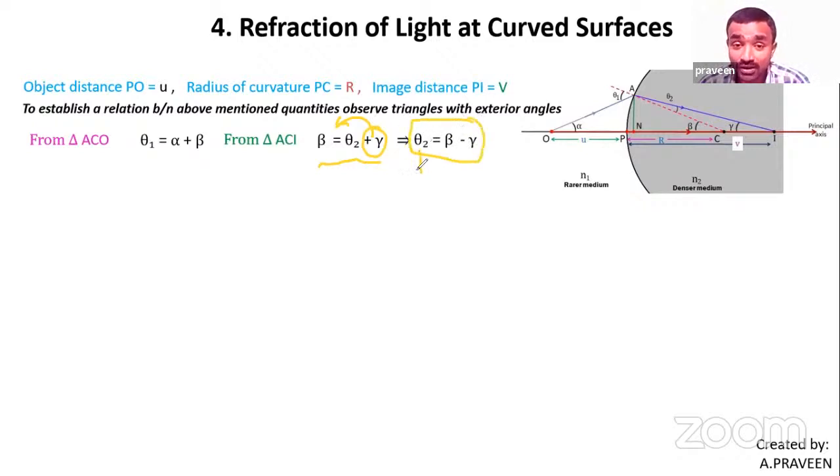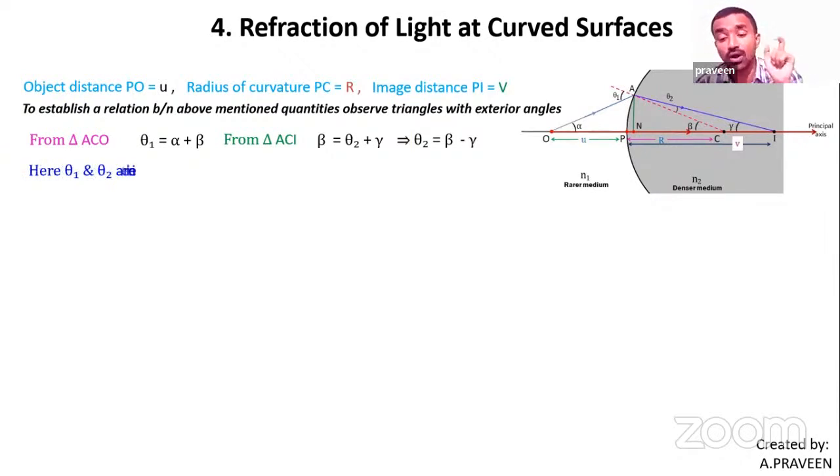So I know this is the angle of refraction, and this is the angle of incidence. So directly we have a relation between angle of incidence and angle of refraction that we learned in class 9. Here theta 1 and theta 2 are respectively the angle of incidence and angle of refraction.